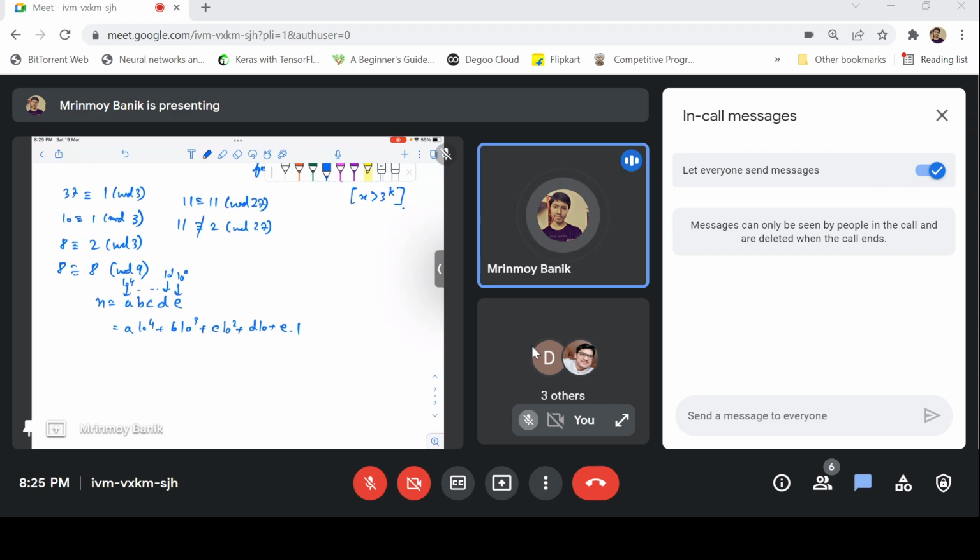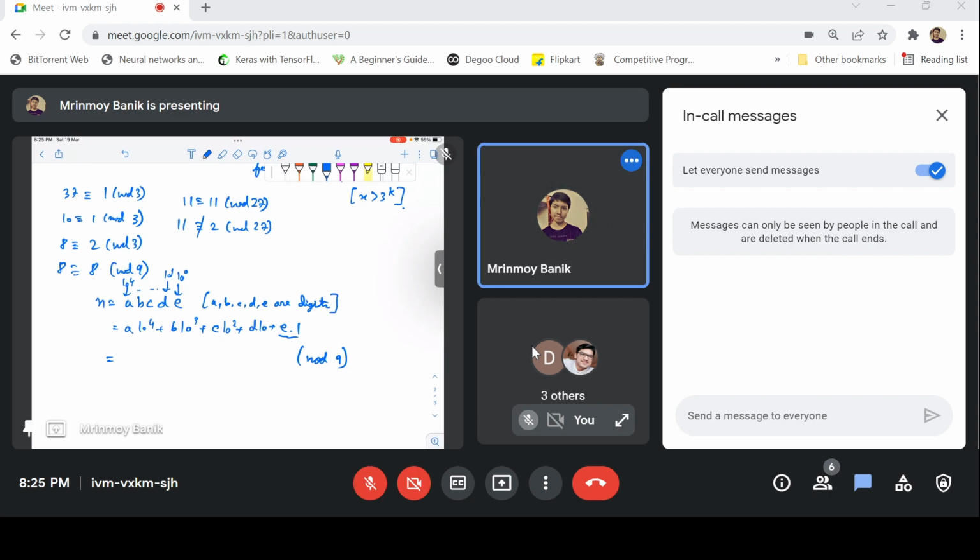So when we take mod 3 or mod 9 for that matter, let's take mod 9 since that's what I'm using in this example. Here a, b, c are digits, so they are numbers between 0 and 9.